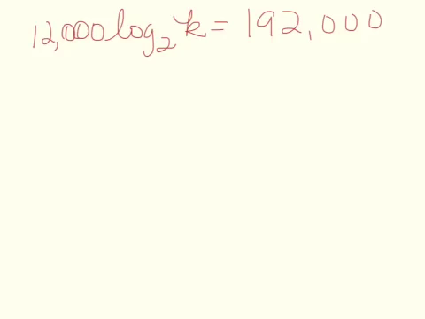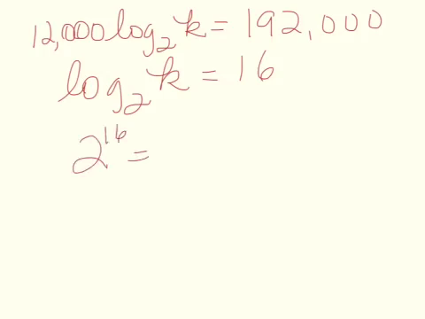Well, divide both sides by 12,000 to get log base 2 of k equals 16. Write it in exponential form. And if you were to work this out, you'll get 65,536 equals k.